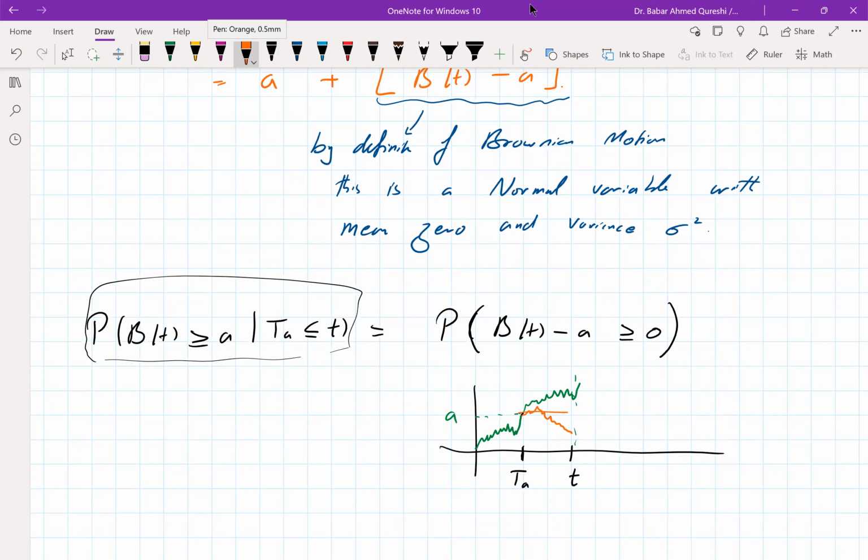And this difference has a normal distribution.